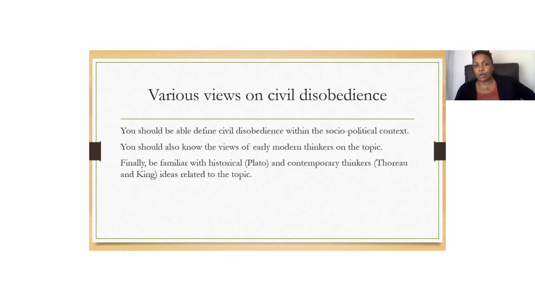Whereas Thoreau was mostly aligned with Locke, with the emphasis on freedom and liberties, and was in alliance with civil disobedience, and King you can align with Rousseau because he was really focused on the people and for civil disobedience.